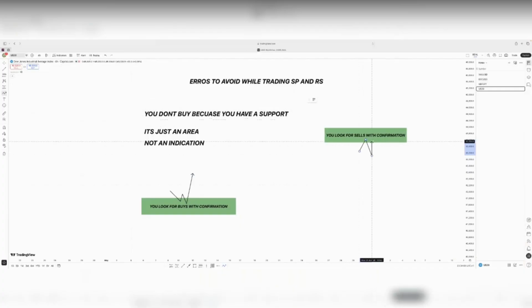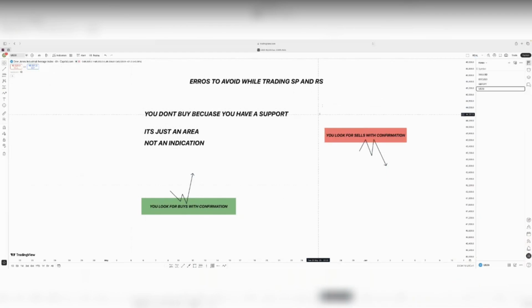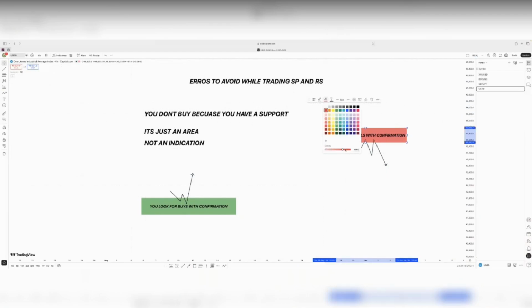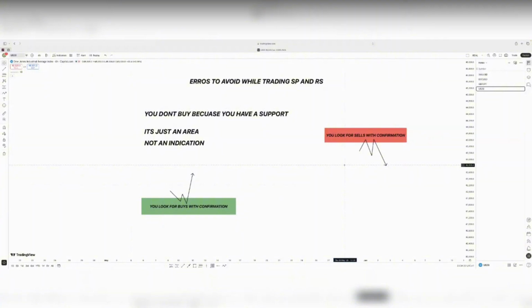No, you wait for confirmation first before doing anything. It's just an area where you expect something to happen, a reversal. So you wait for your confirmation before taking a side. I hope I'm making sense.